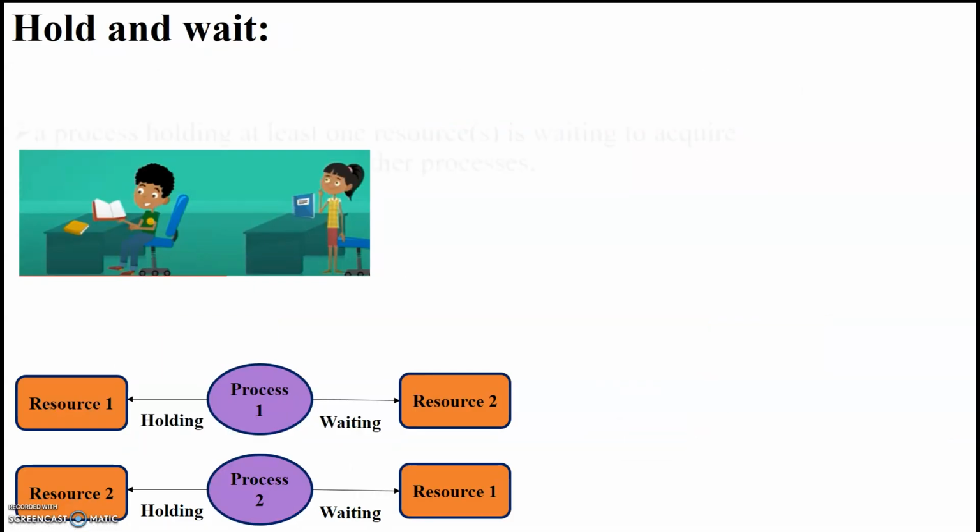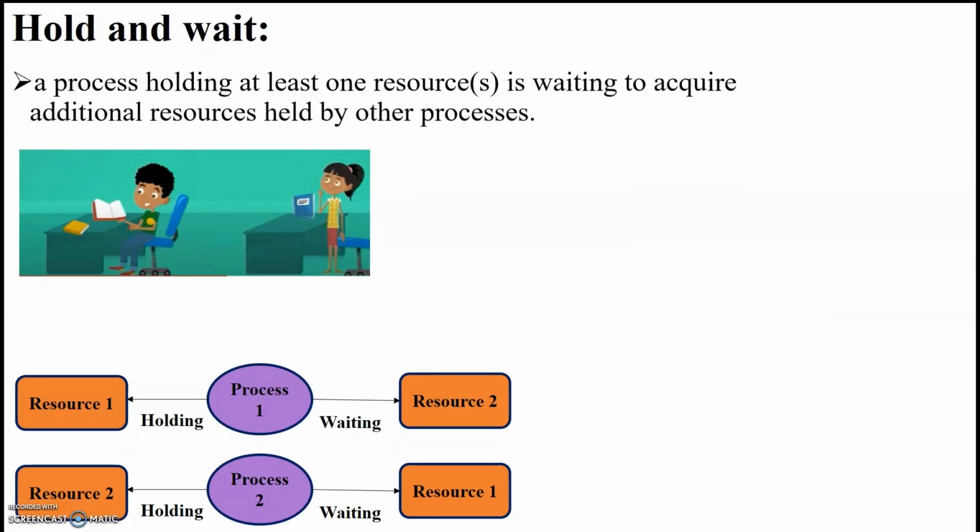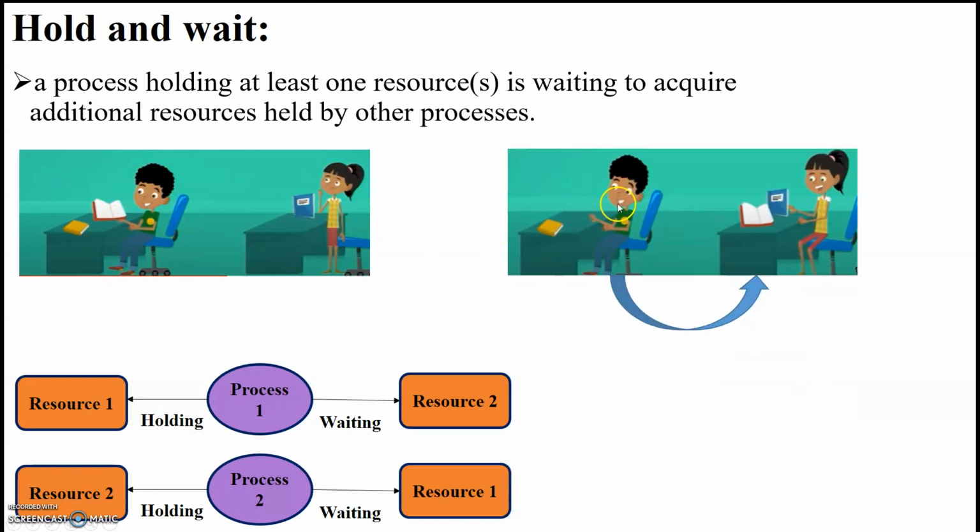Similarly, hold and wait. So here hold and wait is a process holding at least one resource and waiting to acquire additional resources held by other processes. Just look at this example. This friend has two big books and this friend is waiting for the book to be released by this friend. Unless and until this friend releases this book, she will not be able to study. So this friend just lends this book to this friend, and this friend starts studying.